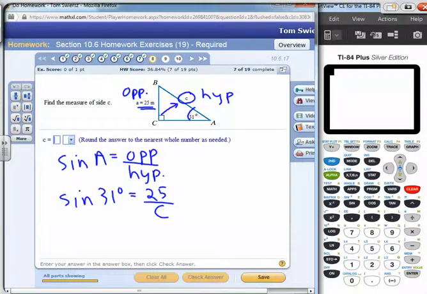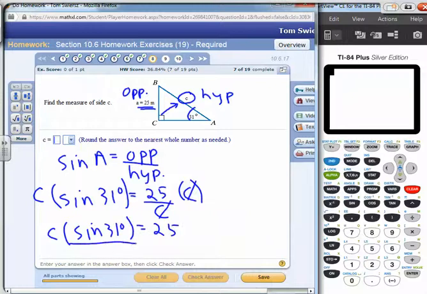So here you've got an extra algebra step. What I do is I multiply both sides by C to get it out of the denominator. So you get C times the sine of 31 degrees is equal to 25.